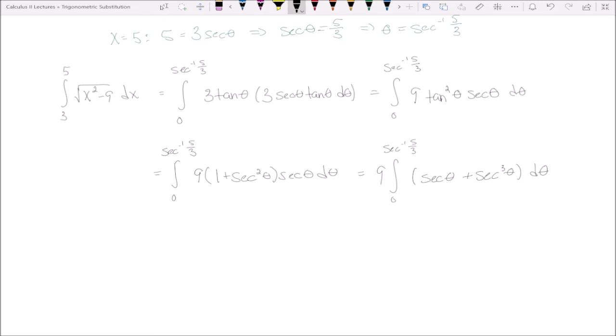I'm sorry, tangent squared is not 1 plus secant squared. It is secant squared minus 1. So the only change that's going to be made is we get secant cubed minus secant.